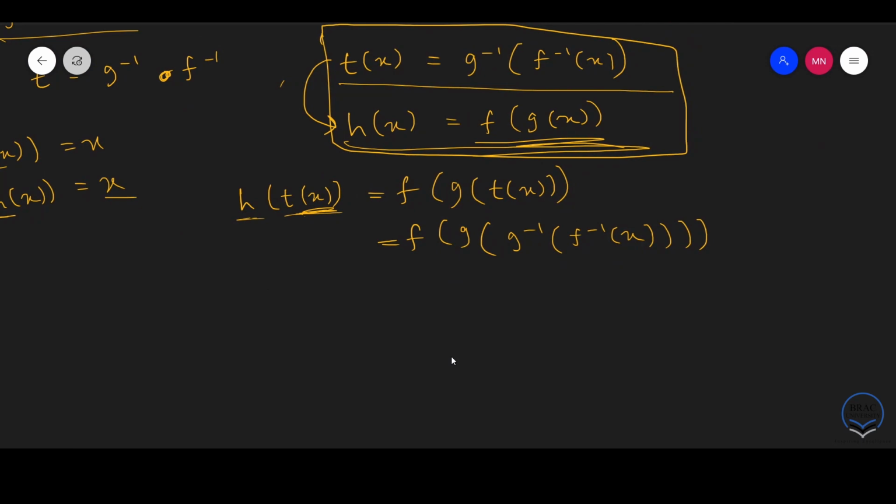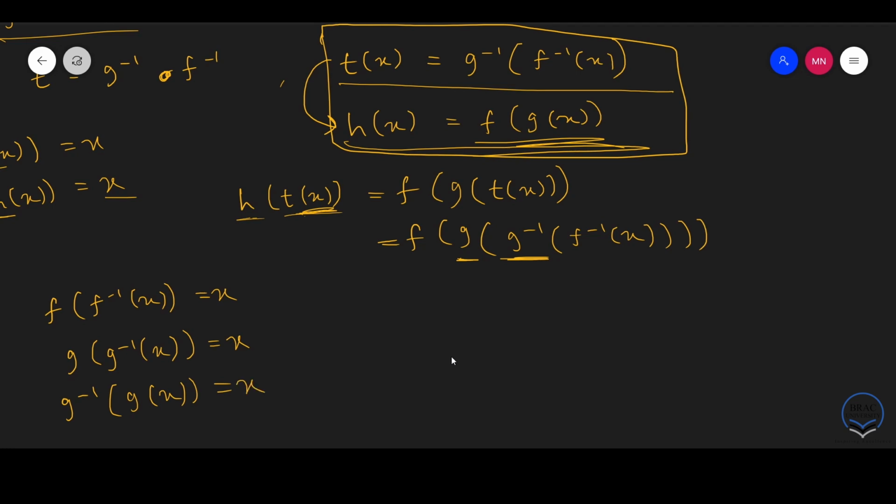but the thing is that we have a function g here, and side by side we have the g inverse function, right? And we know that a function of its inverse function is just going to be equal to x, right? So similarly, g of g inverse of x is going to be equal to x, and g inverse of g of x will also be equal to x, right?